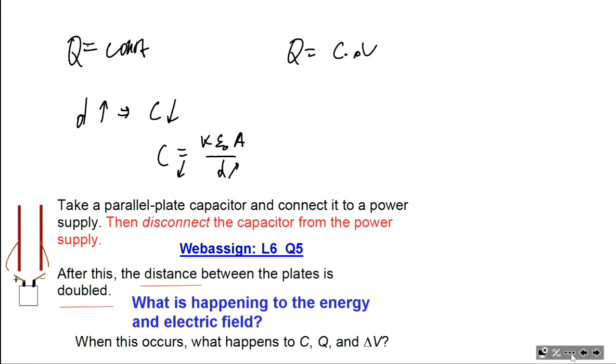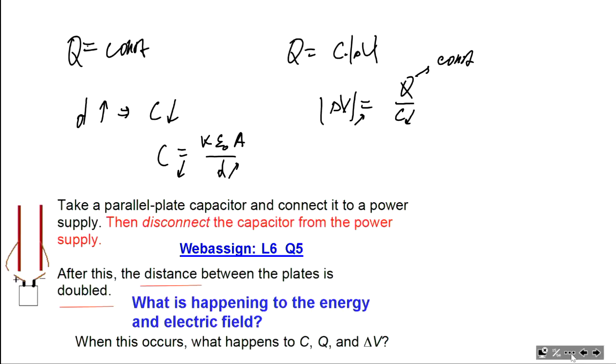Now we have to solve it for the voltage. The charge remains constant, but the capacitance decreases, so the voltage increases because it's opposite to that. And this is what actually we observed.